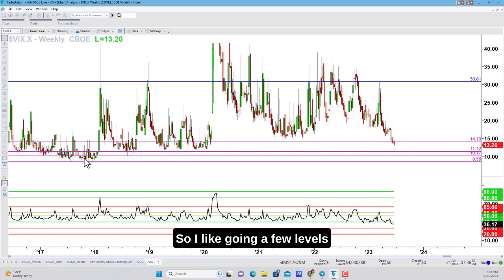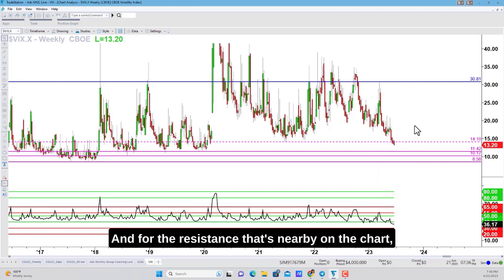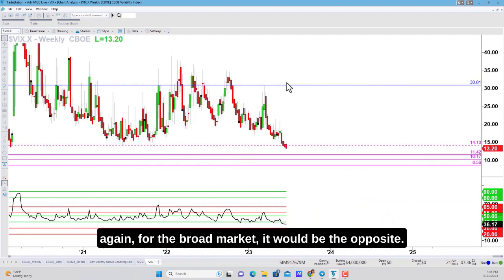So I like going a few levels at a time, okay? Nothing too far out. And for the resistance that's nearby on the chart, again, for the broad market, it would be the opposite, it would be support.